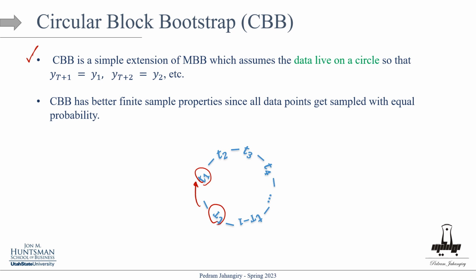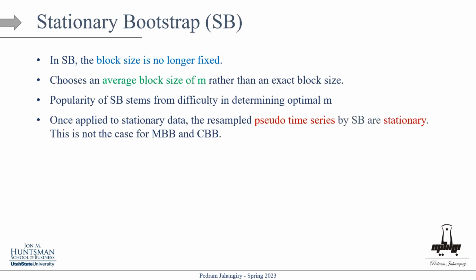Remember, in the moving block bootstrap, the very last observations have a smaller chance to show up in the data. But if I make it circular, they're going to be repeated in a few forward blocks, and they have an equal chance of showing up in the bootstrap. So this is the caveat of MBB, which is covered by CBB, circular block bootstrap.